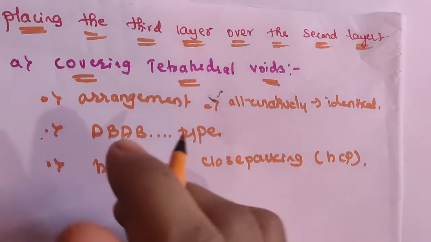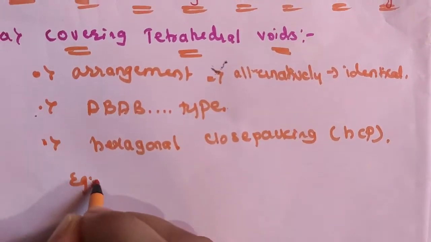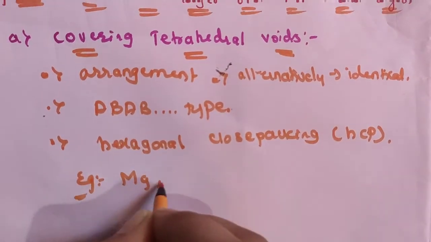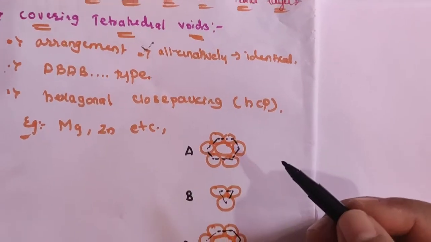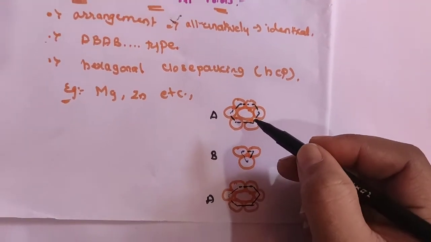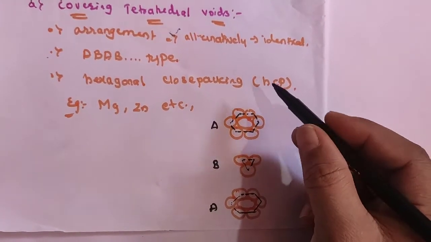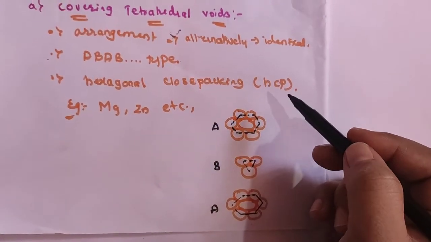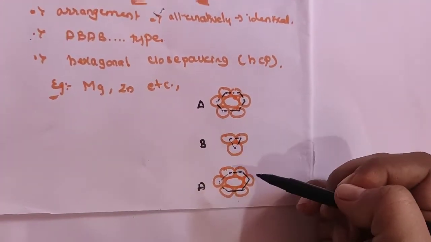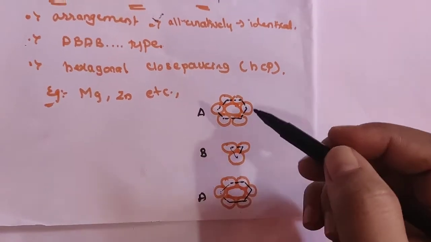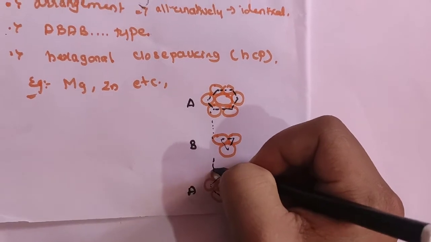This type of arrangement is found in metals like magnesium, zinc, etc. So here you can understand the arrangement is alternately similar, and this arrangement is called an ABAB type, and this type of close packing is called hexagonal close packing. Here by this representation there is a covering of one formation by another formation.